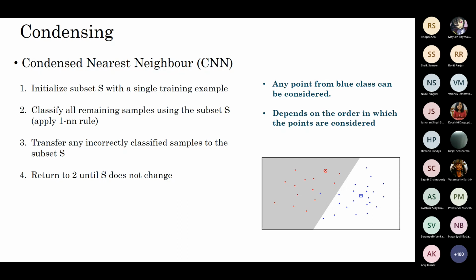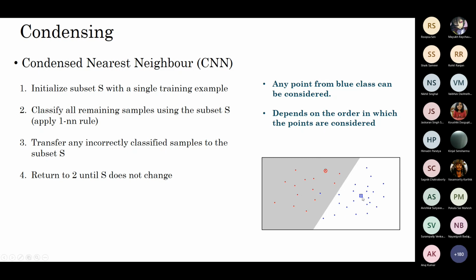Sir, what is meant by misclassification here? Okay, that's a good question. Misclassification means that your training set is only S. Now this is the set you have, set S. Say, for example, you want to classify this point using set S. S will have only this point.